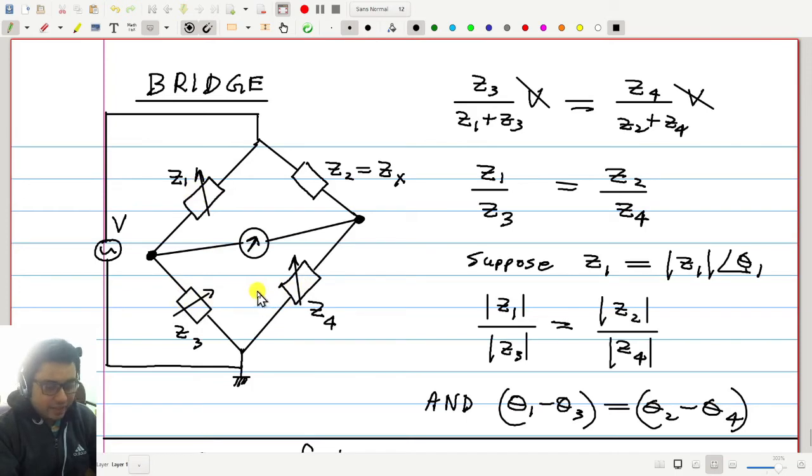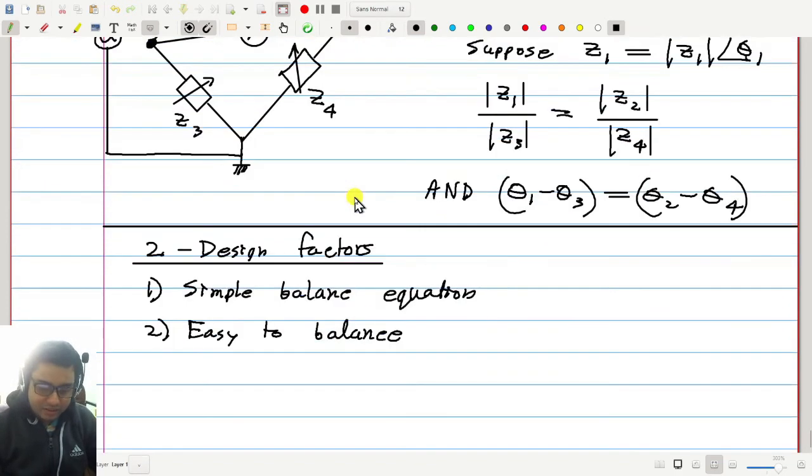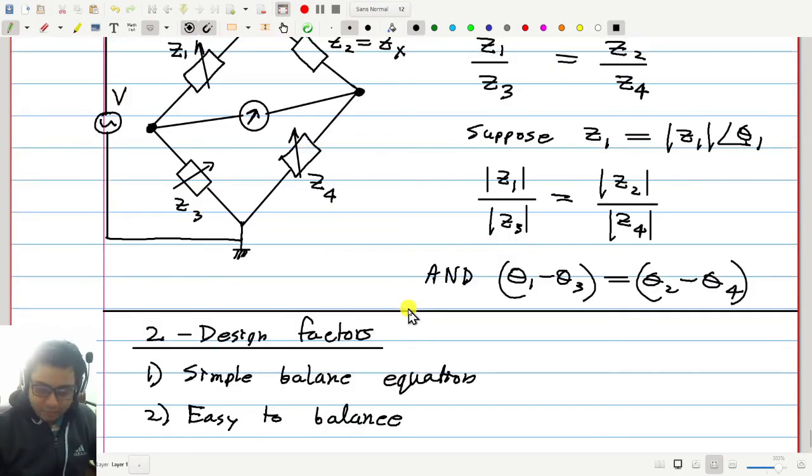And then it may happen that when you derive the balance equation, your equation will be complicated. We don't like that. That is not welcome. And second thing, sometimes it may happen that due to some reason in the lab, when you change these impedances, it may take a long time to converge to the null point. So that is another aspect.